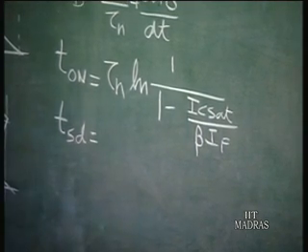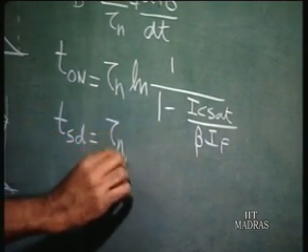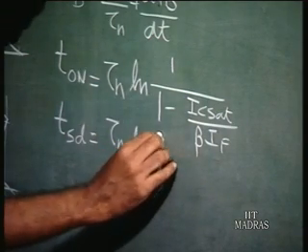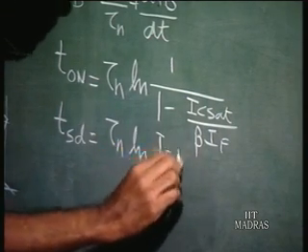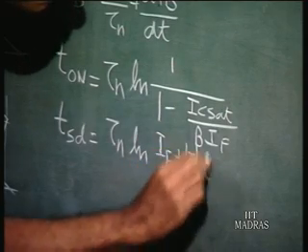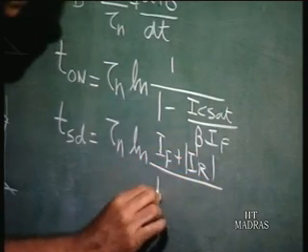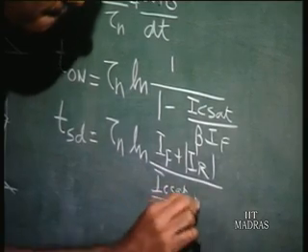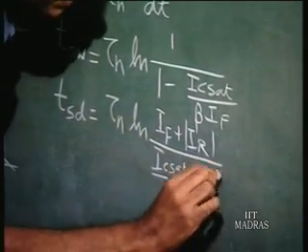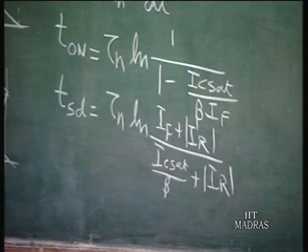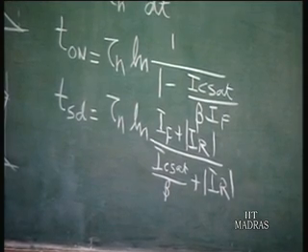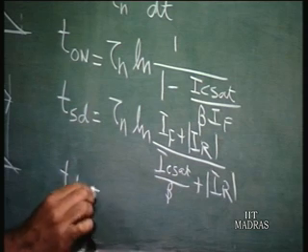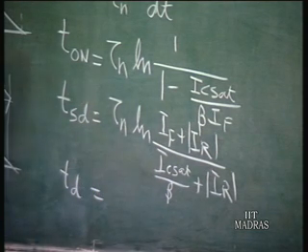Storage delay time, we have also seen that: tau n ln of IF plus IR divided by IC sat by beta plus IR. Then there is the other relation, we did not put it down last class, but I think you can very well do it yourself.